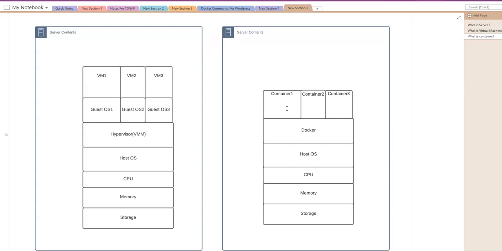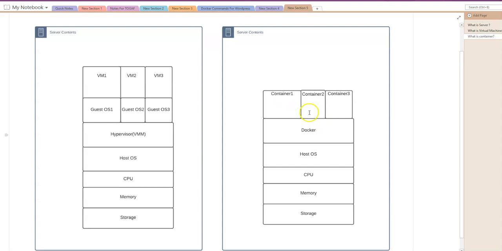You create your images of what needs to be installed on this, and they will provide you a lighter version of, I'll say, a container OS, and you are good to go. So that's the major difference between your virtual machine and your containers. Here I'm just showing Docker, but there could be other containers also.